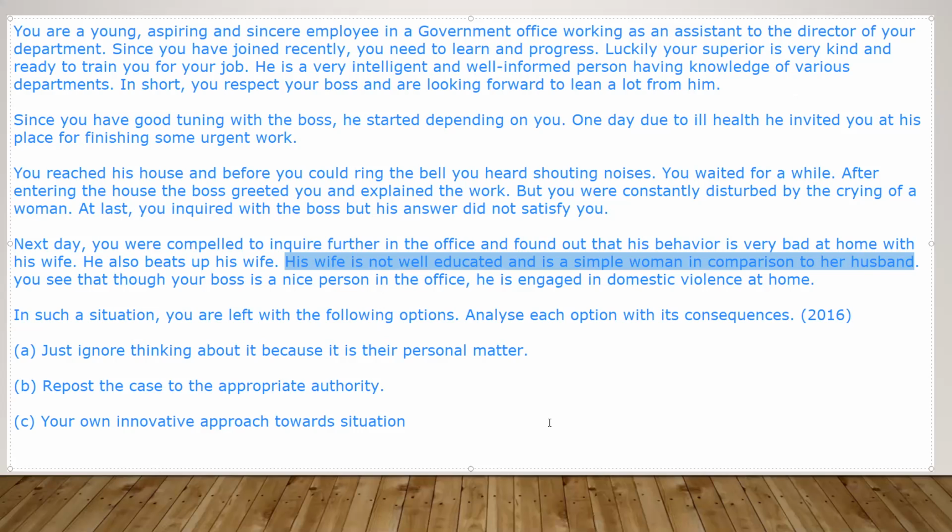I'm sorry if anyone takes offense, but the problem with such a simple wife is that you tell her it is wrong, you must complain. She will definitely complain, but not to the police, to her husband. And the next day your boss will beat you in the office like anything, saying how dare you go and beat my wife.